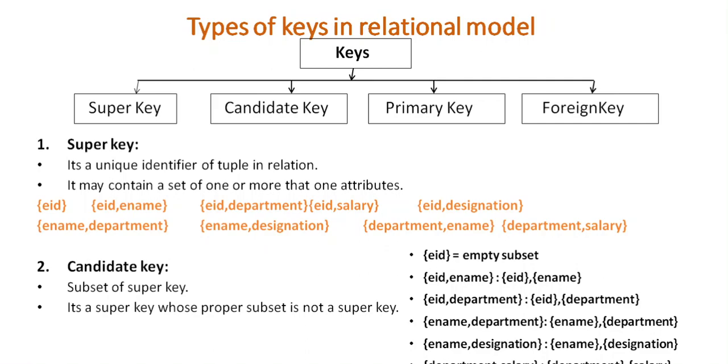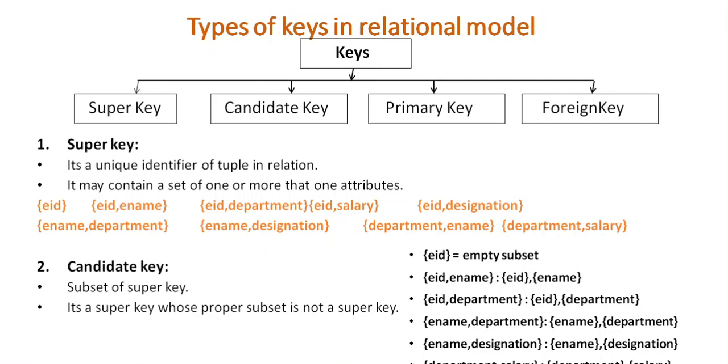Department individually is not a super key, but employee ID individually is a super key. That's why employee ID and department is not a candidate key. Because what is the condition for a candidate key? It is a super key, but its subset is not a super key.